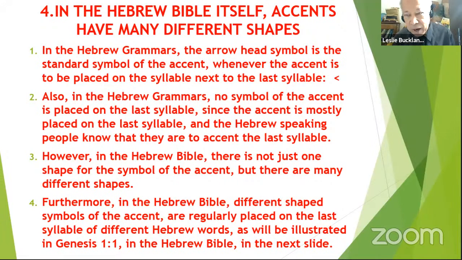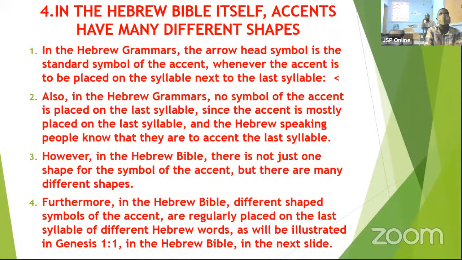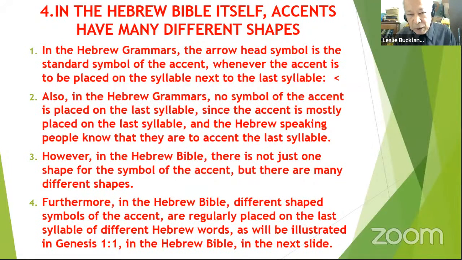But in the Hebrew Bible itself, there are many different shapes for the accent, and you find that there are different shaped accents that are put on the last syllable of a word. It sounds like a contradiction, but it is the difference between how Hebrew is presented to those who are beginning to learn the language and how it is actually presented in the Hebrew Bible. I'm going to illustrate that now.